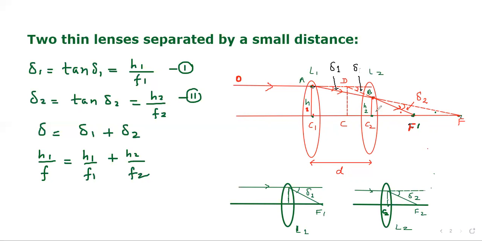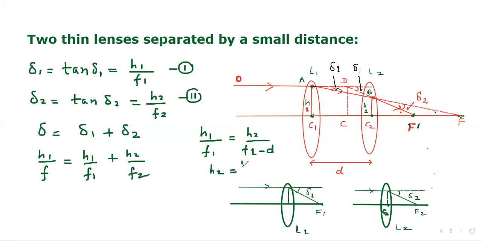In triangles AC1F and BC2F, we see that they are similar, so their sides will be proportional. So we can say H1 upon F1 equals H2 upon this distance C2F, which is from here to here. This is F1, and this distance is D. So we can say that it is F1 minus D. From here, we can get the value of H2.